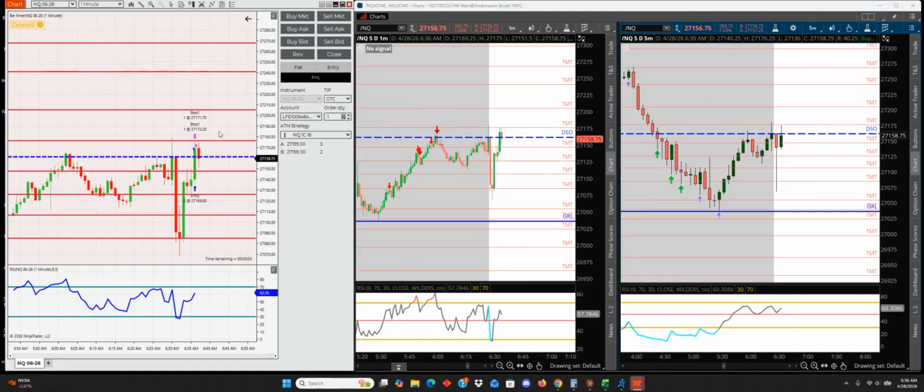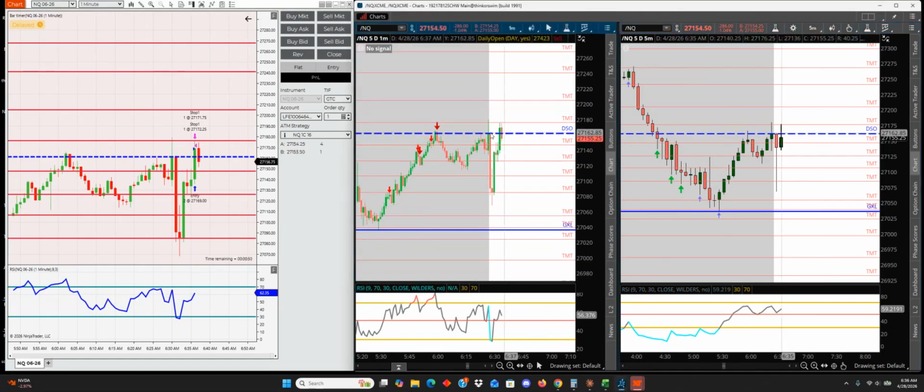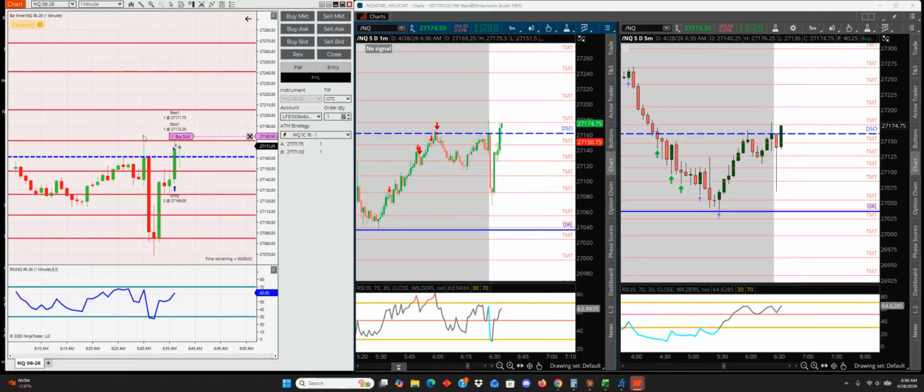We got in at 69.72, and the reason I did that is it did break the open, but didn't go through this level right there. It touched that level twice. If it breaks there too, then it's going to continue. Order submitted.